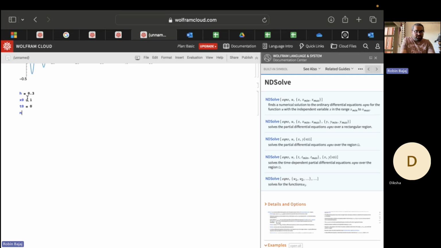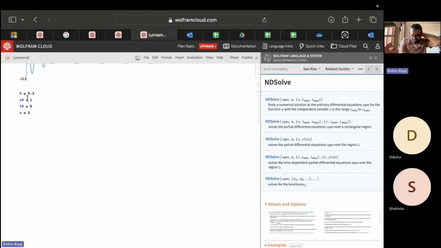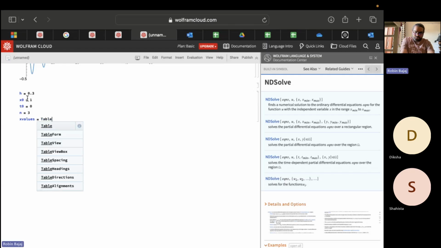And your n, number of steps, is 3. Then I'll first define a table which stores the x values. x values equal to Table, which makes a list of 0, i from 0 to n.